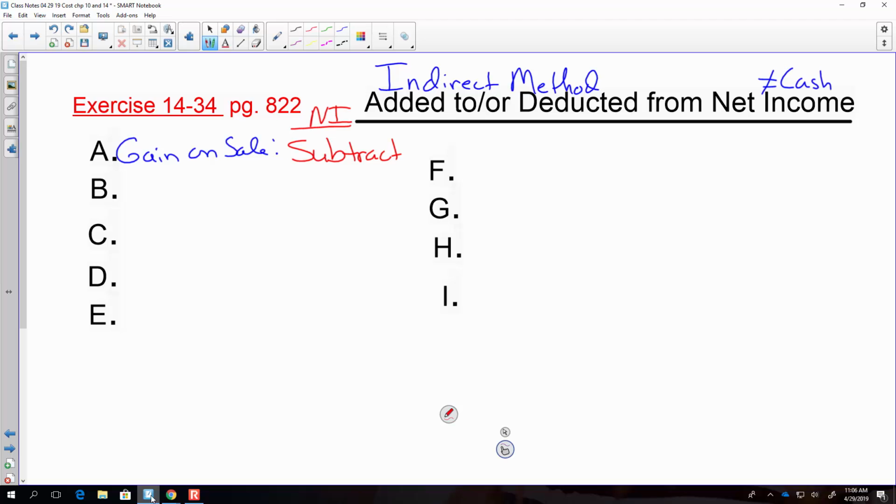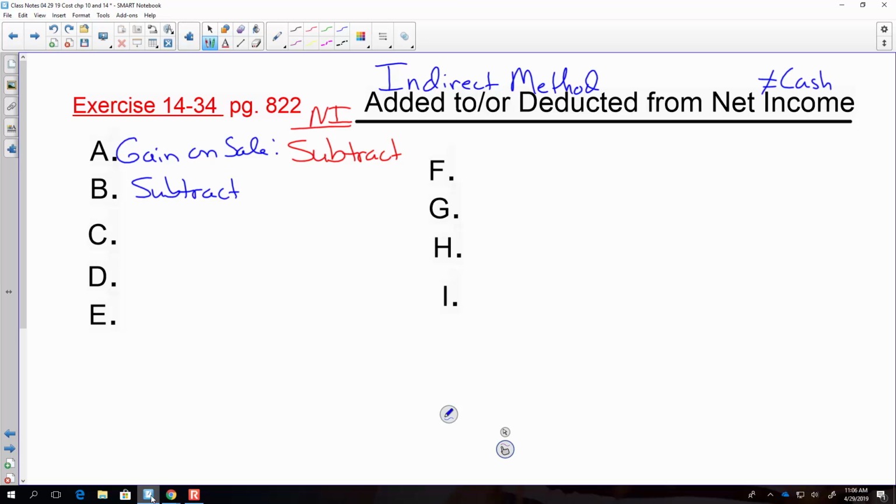Right, Michelle, you're next. Increase in accounts receivable. I'm confused on what I'm doing right here. It's actually subtract.